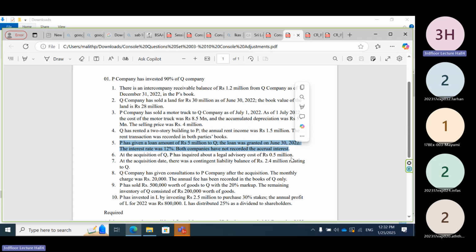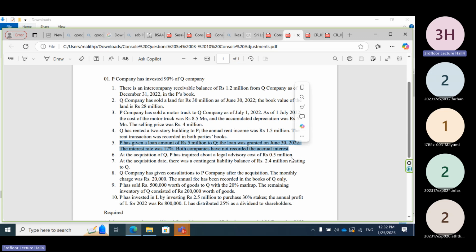Once they are giving the P&L, both subsidiary and parent have been given. P and Q have interest expense, 50 and 40.